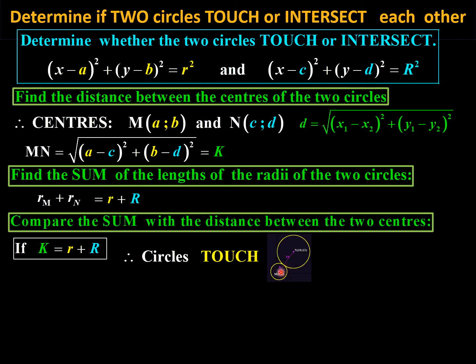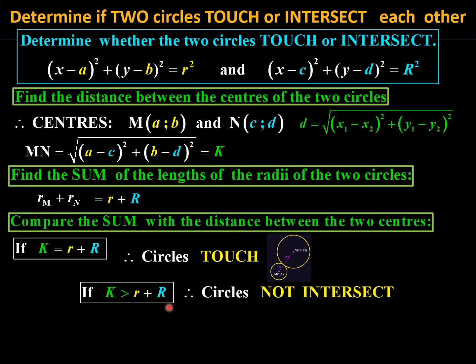In other words, the distance is exactly the same as the sum of the two radii, so they touch each other. However, if this distance between the centers is more than the sum of the two radii, then the circles don't intersect each other. Let's look at it. Can you see that distance is more than the sum of the two radii?